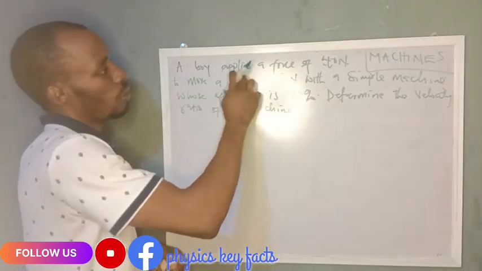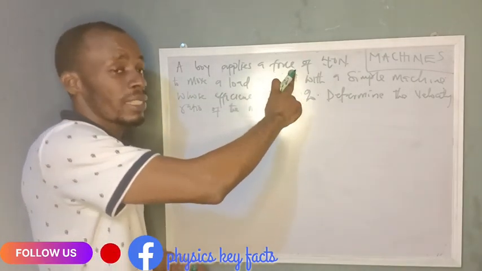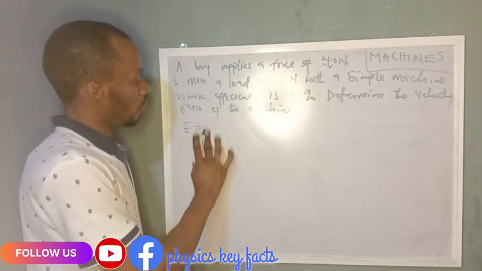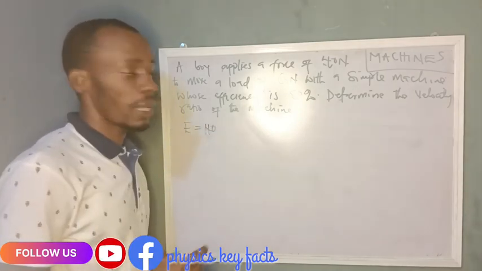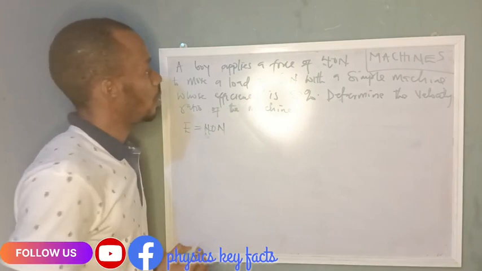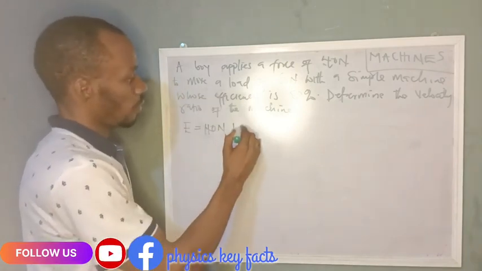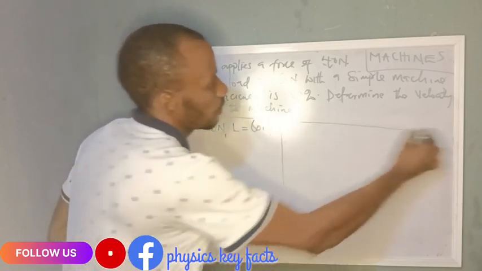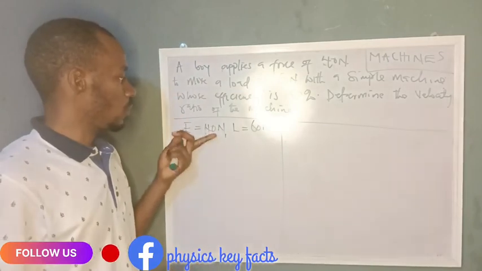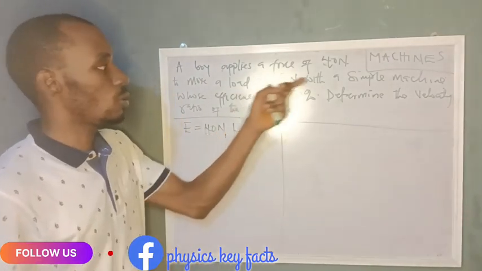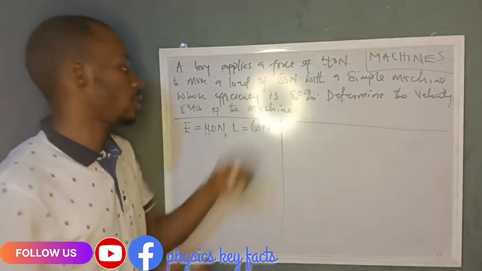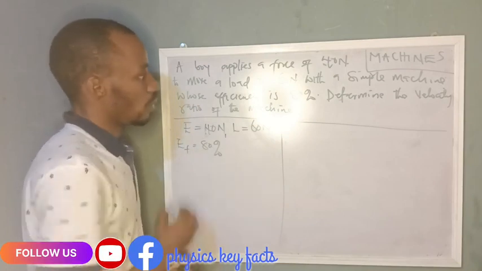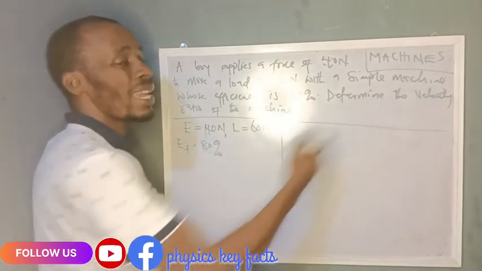A boy applies a force, which is the effort, 40 Newton, to move a load of 60 Newton. Let me divide this board for space. Effort 40 Newton, load 60 Newton, efficiency of the machine is 80%. The question is saying determine the velocity ratio.